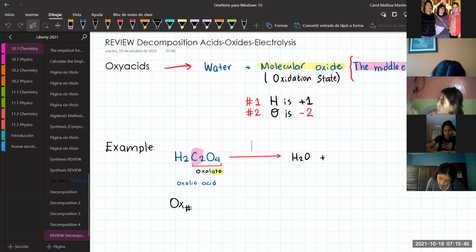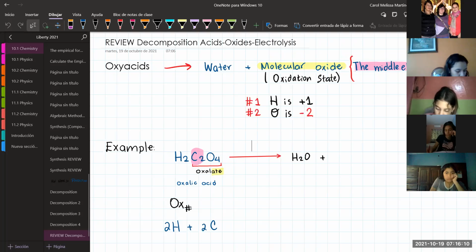Oxalic acid is composed of two hydrogens, because of these two right here, two carbons, and four oxygens. We need to equalize this to 0, so we say equal to 0.